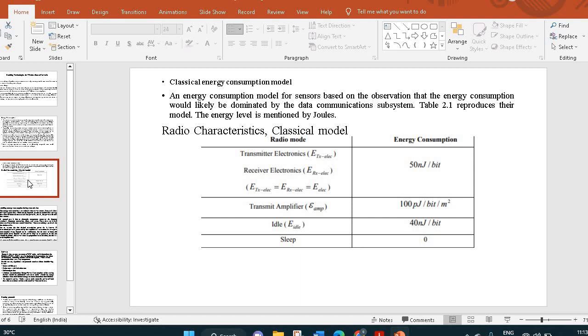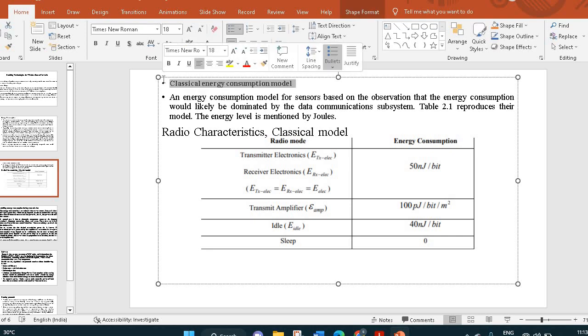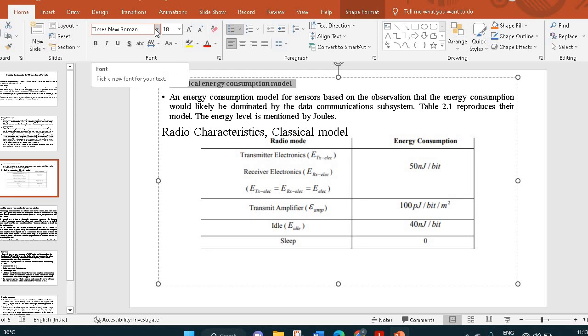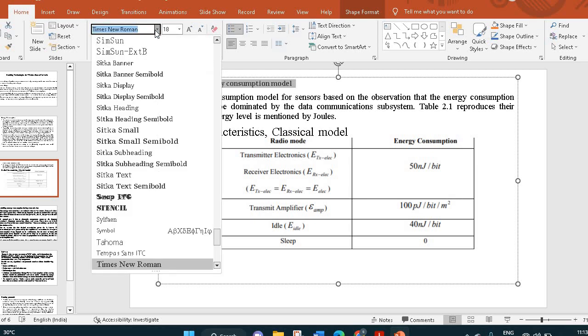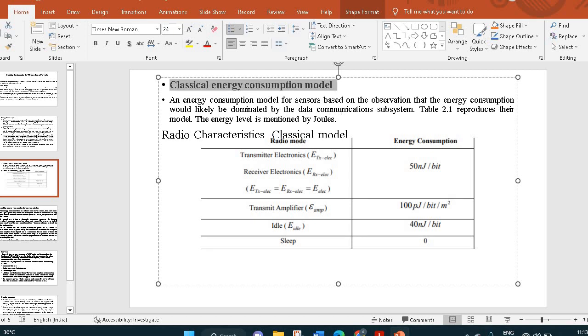Classical energy consumption model. An energy consumption model for sensors based on the observation that the energy consumption would likely be dominated by the data communication subsystem.